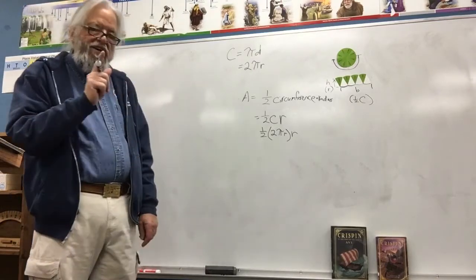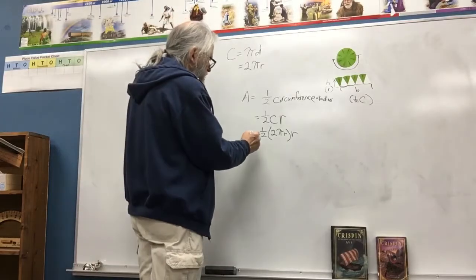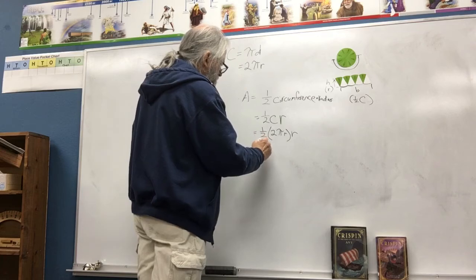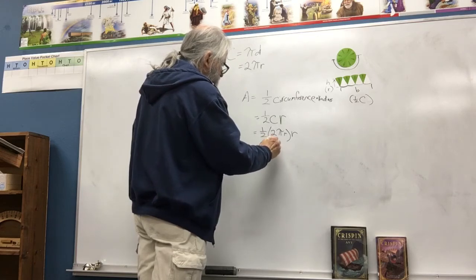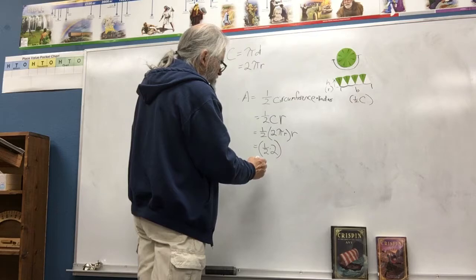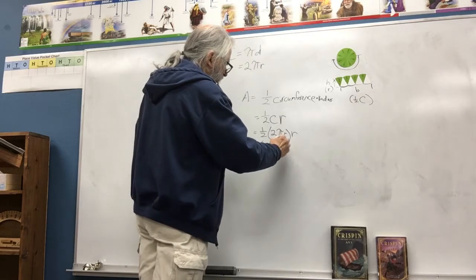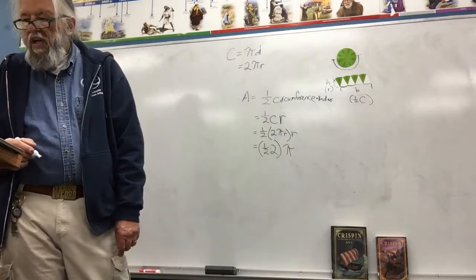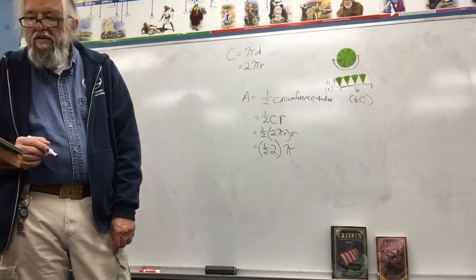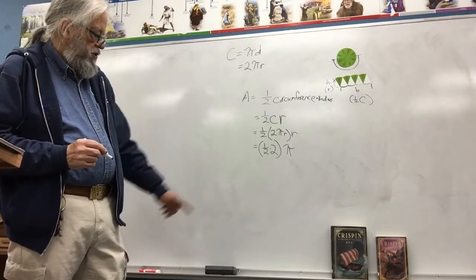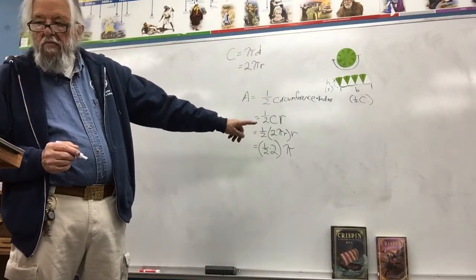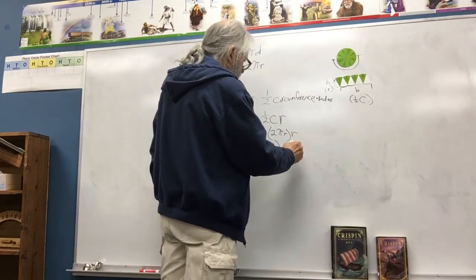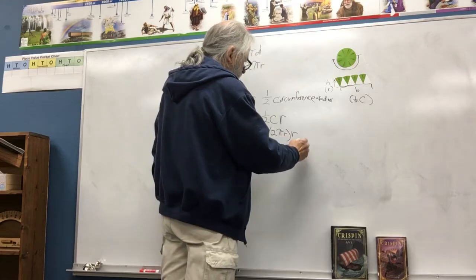Now, they're using the associative property to regroup. So they're going to group 1/2 times 2, times pi, and then times r, and then times r.